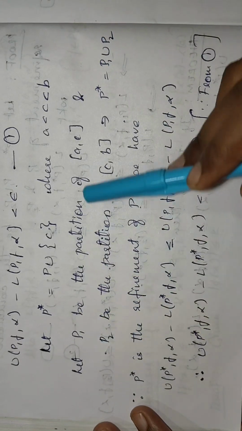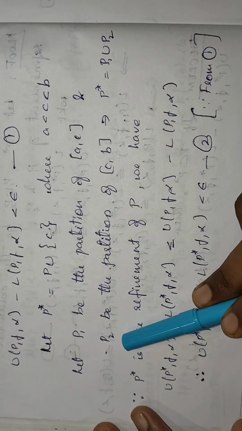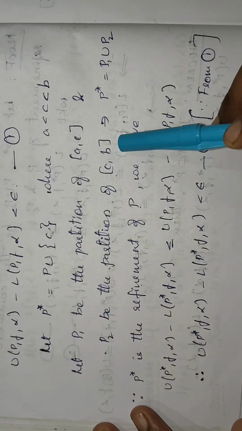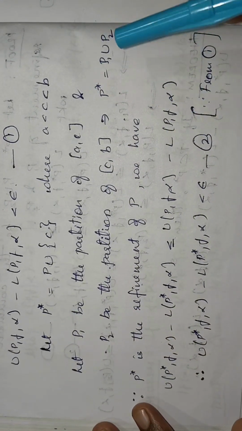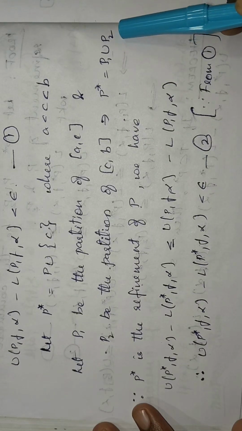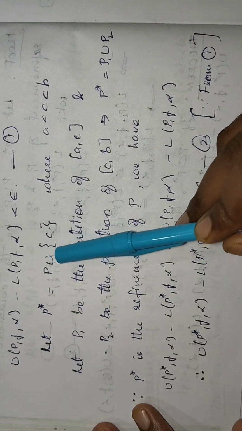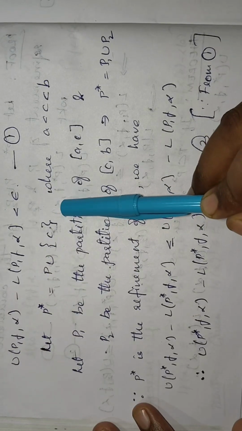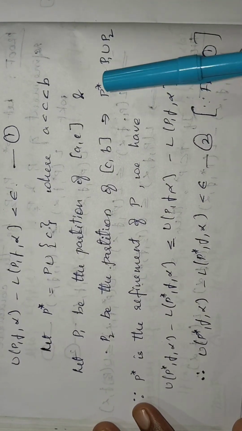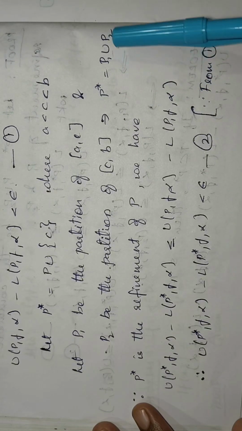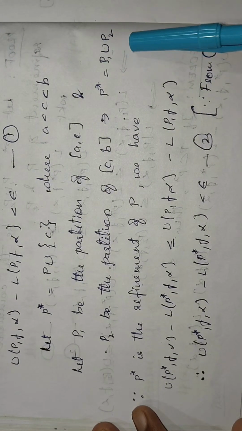Let P1 be the partition of closed interval AC and P2 be the partition of closed interval CB such that P star equals P1 union P2. Here P star is equal to P union singleton set C, and we also need to note that P star is equal to P1 union P2. Okay, so we can do that.